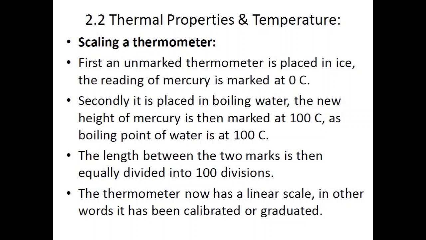The length between the two marks is then equally divided into 100 divisions. Why? Because the ice point was at 0 degrees and the boiling point is at 100 degrees. So the length in between is divided into 100 equal parts to count for 1 degree each. The thermometer now has a linear scale. In other words, it has been calibrated or graduated.